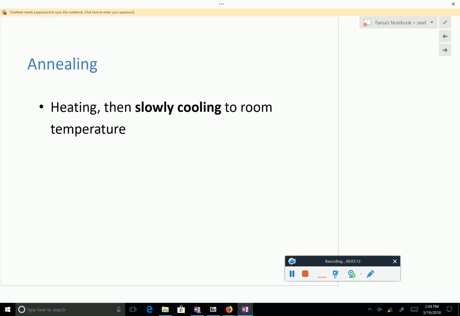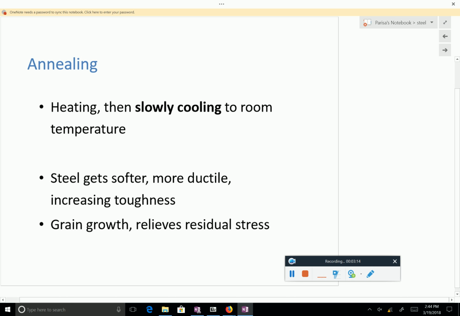Excellent. So, annealing, other than the things you wrote down, basically you become softer, more ductile. Toughness increases. You have grain growth. And also the residual stresses, which occur during processing, annealing helps those to be relieved too.